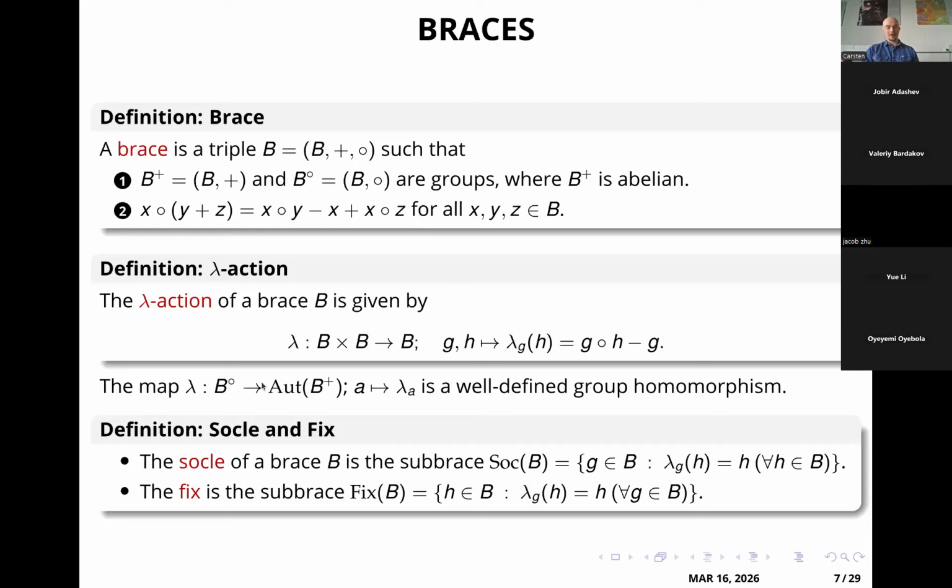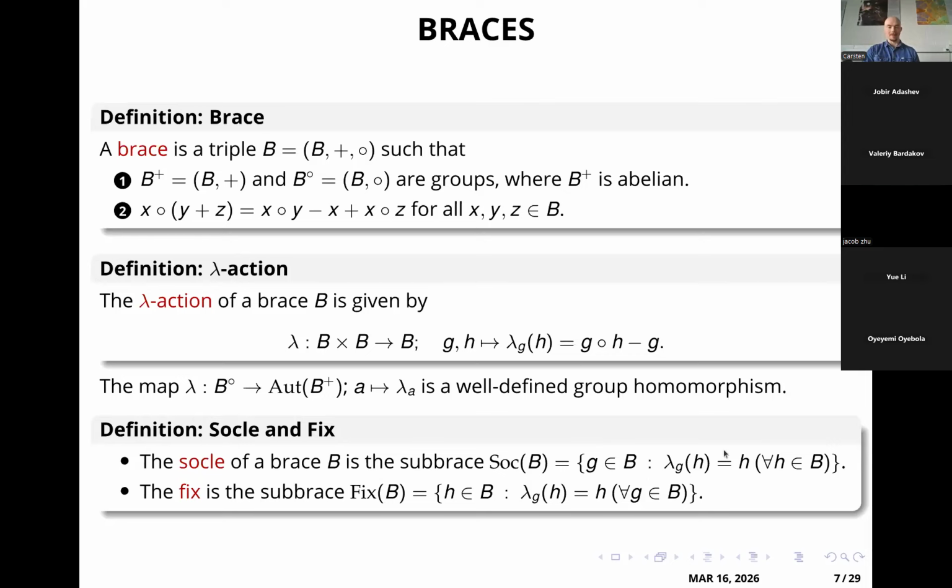So we have an action of the multiplicative group on the additive group, and given this action, we can introduce two very important invariants of a brace, which are the socle and the fix. And the socle is simply the subset of all G that fixes the whole of B. One can also say it's the kernel of the lambda action.